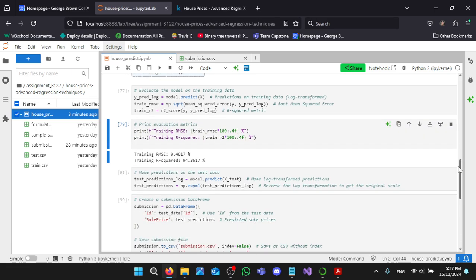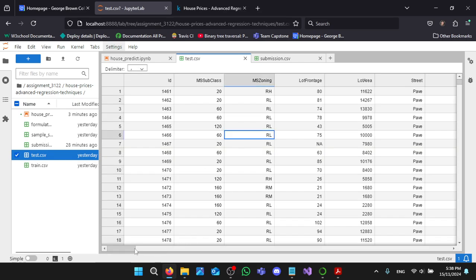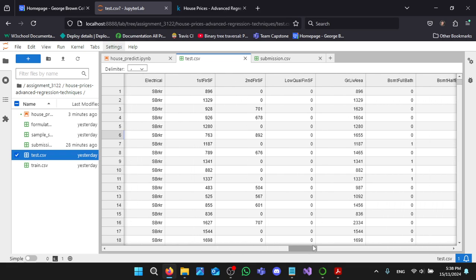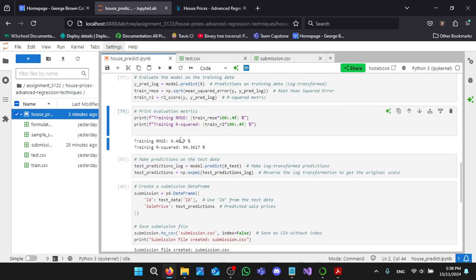The training R squared is 94%, which is a high score. It's not bad, to be honest. I think it's pretty good, because I would expect a high score to let me know how well the model actually performs.